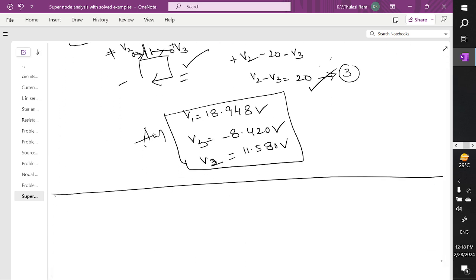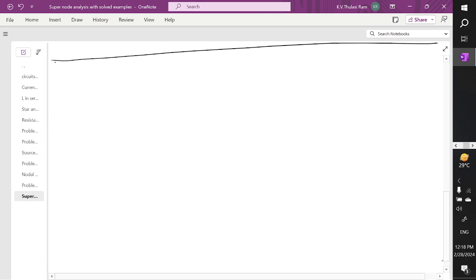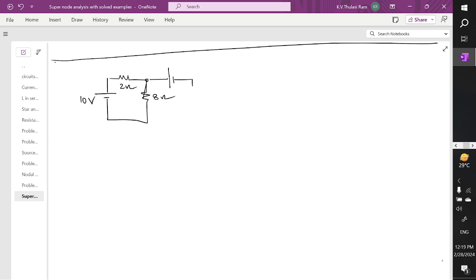Now let us try to solve one more problem on nodal analysis. So here we are going to have a source like this. The given source is 10 volts and a resistor of 2 ohm, and here you are going to have 8 ohm, 2 ohm, and here you are having one source, and here you have one more resistive branch.